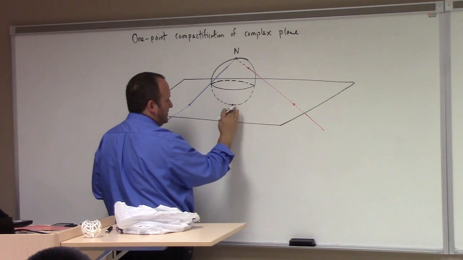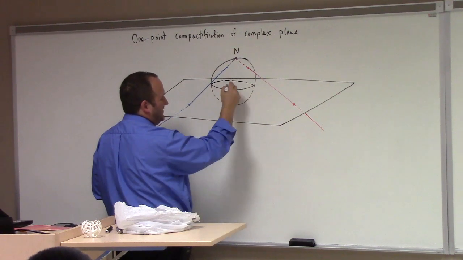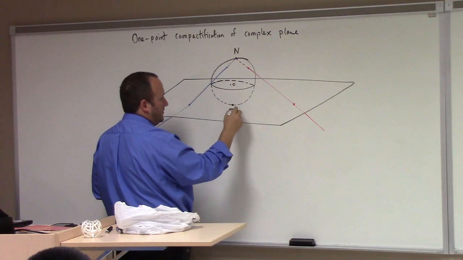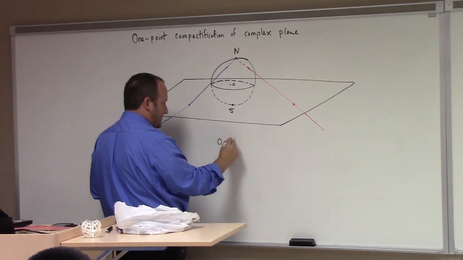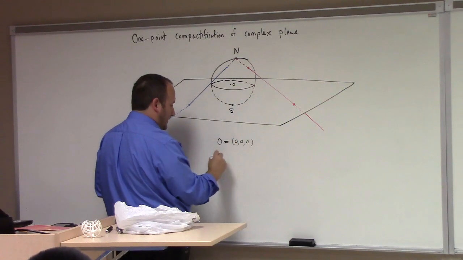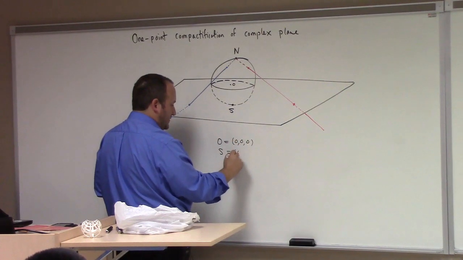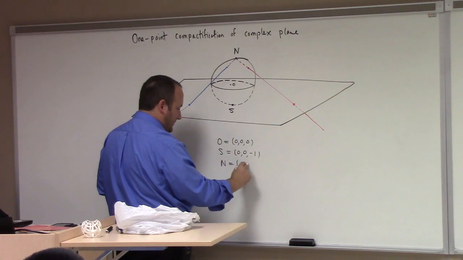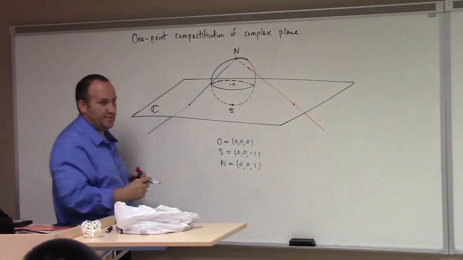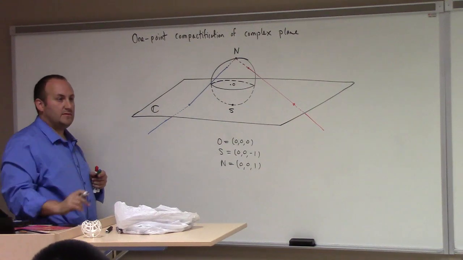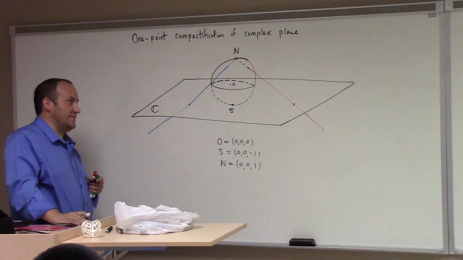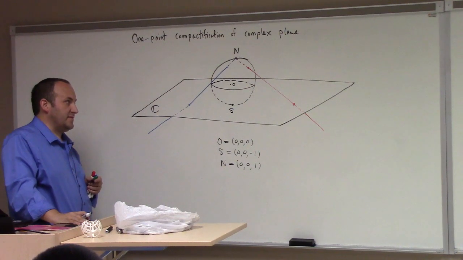If the origin is 0, 0, 0, then the south pole would be 0, 0, minus 1. The north pole would be 0, 0, 1. If you understand my system of coordinates, z is up and down, and the complex plane is the xy plane. The intersection of the sphere and the complex plane, as poorly drawn by me right now, is the unit circle.